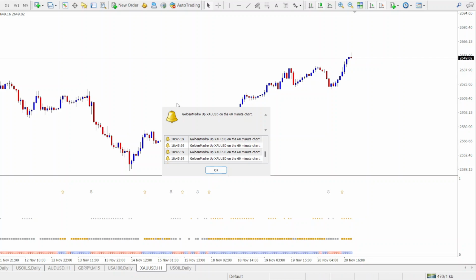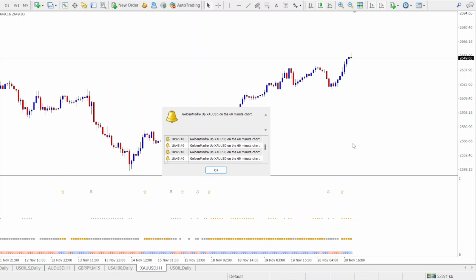So basically, as we can see, the indicator gives us the signal. When it's time to buy, the indicator will tell you. When it's time to sell, the indicator will tell you. So there is no need for so much explanation because the indicator gives you the signal. In addition to the pop-up alert, the indicator also gives arrows.